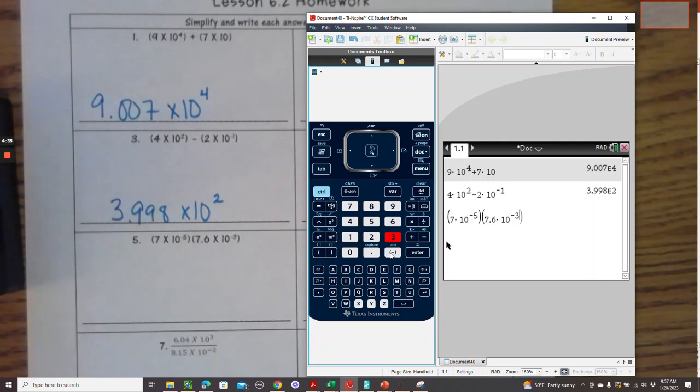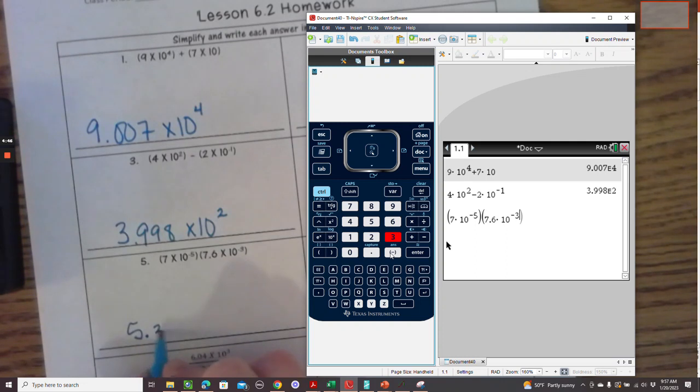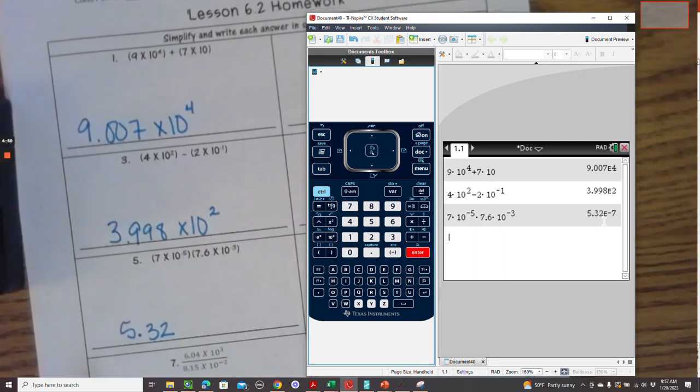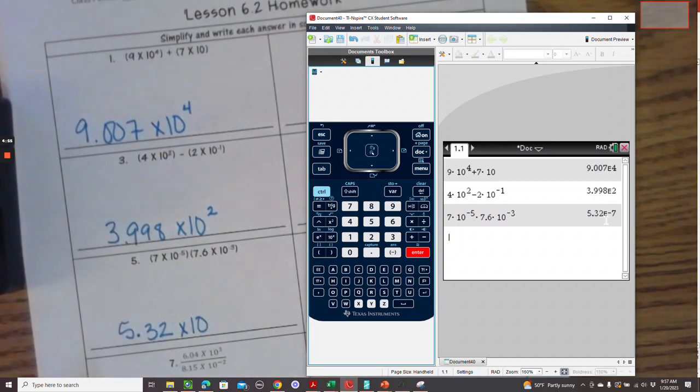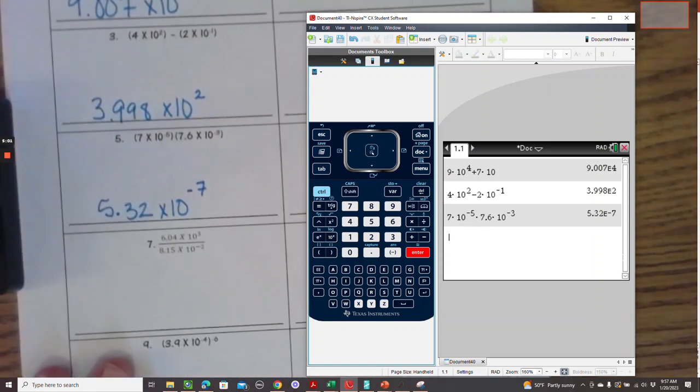Good question. All right, so what are the numbers in front of the E? What did y'all get? 5.32. That's it. All right, so we don't write the E. We do times 10 instead. And then the number after the E, here it's a -7. That's our new exponent, little number up top.